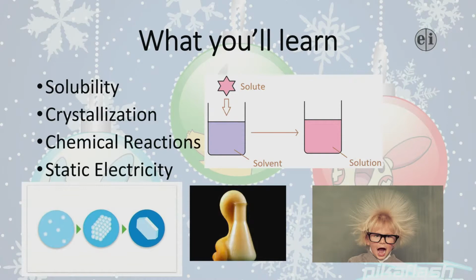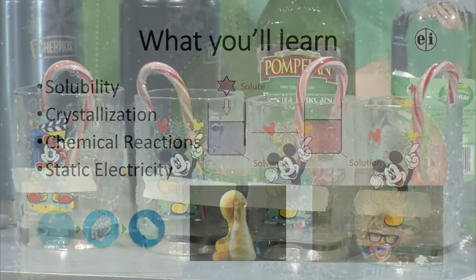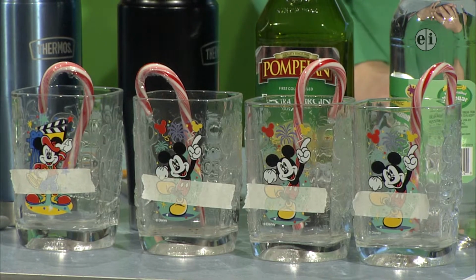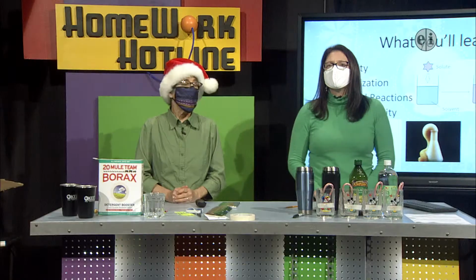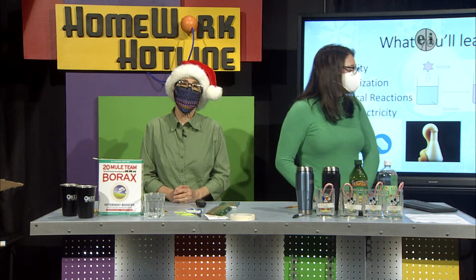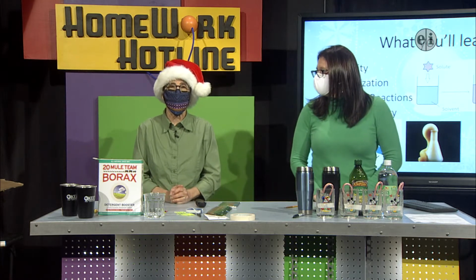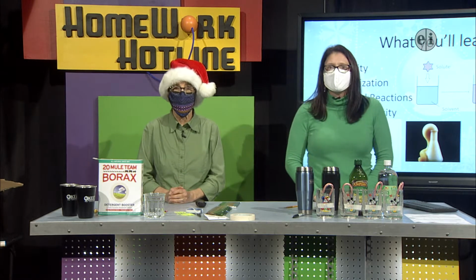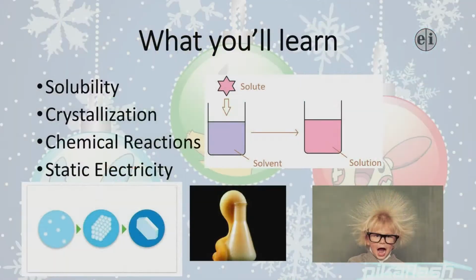Then crystallization, where we make an ornament with crystals. Then chemical reactions, where something exciting happens in a container. And additionally, static electricity, using a PVC pipe and some tinsel. It's fun, so let's get to it.